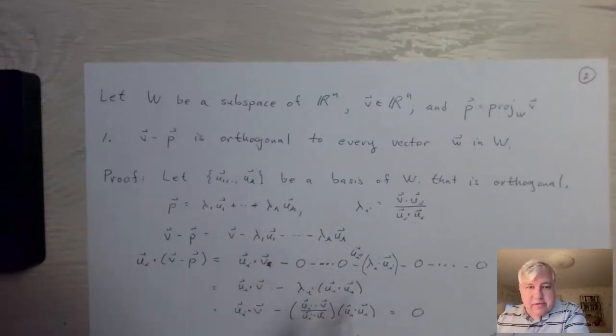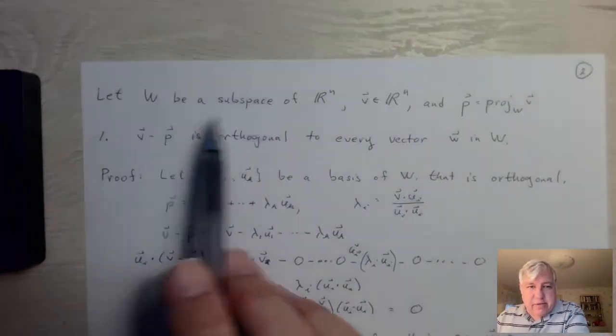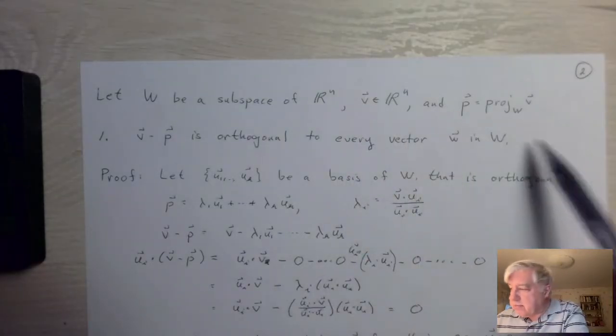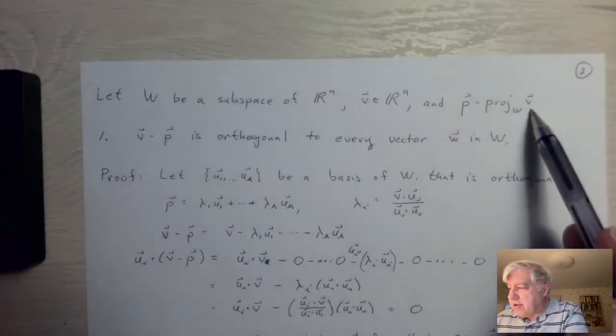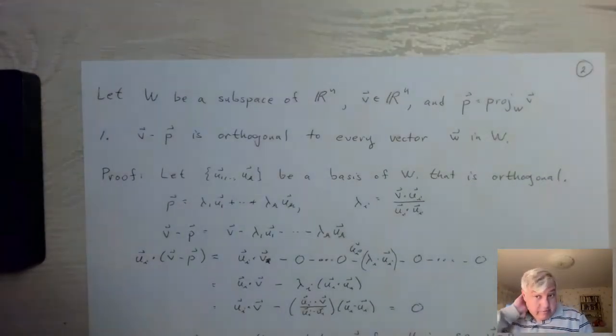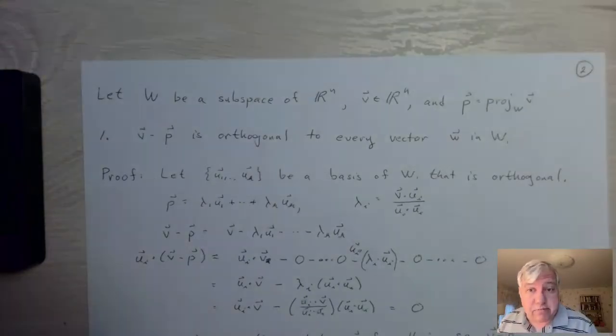So first, for this discussion on page 2, W is a subspace of Rn, V is a vector in Rn, and little p is the projection of V onto W. This is the projection we found out how to compute using an orthogonal basis.